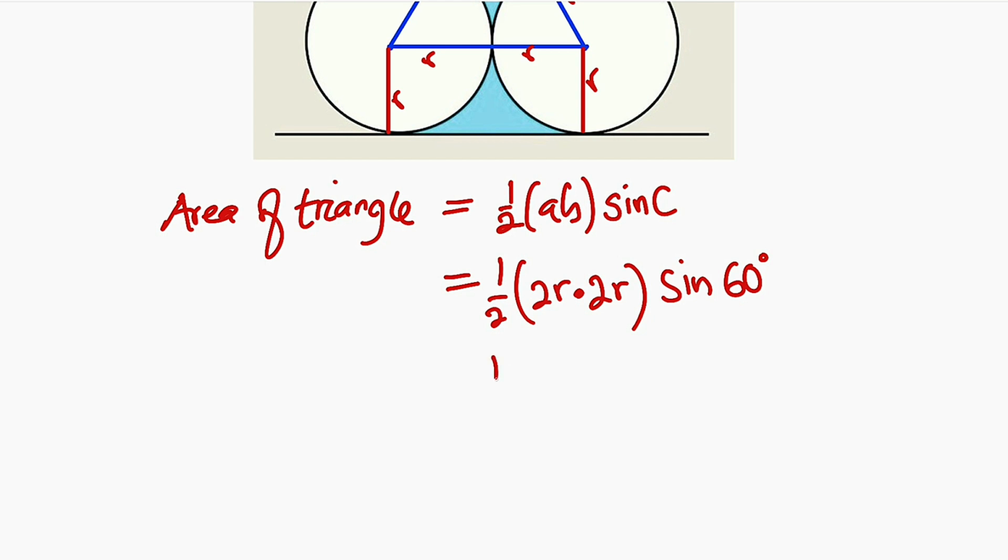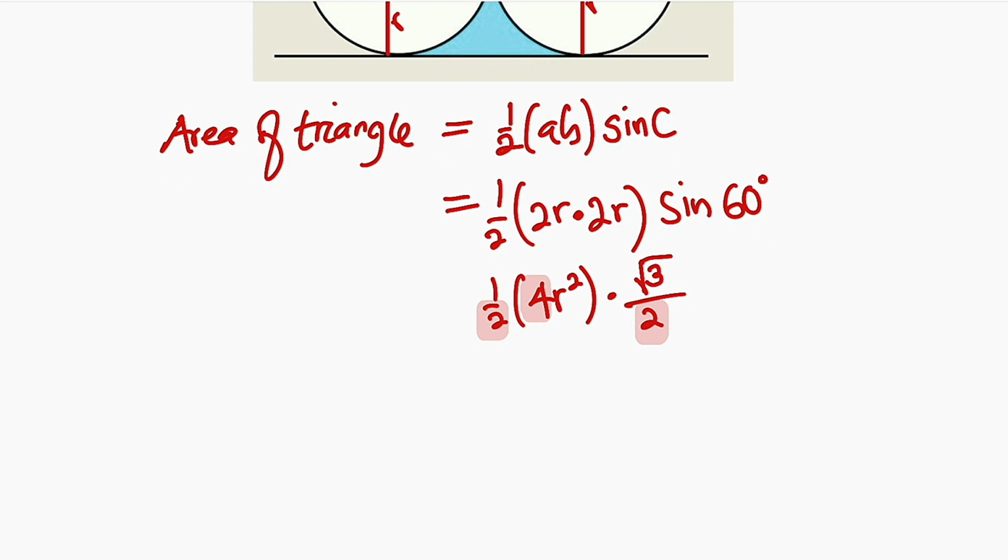So we have half of 4R squared multiplied by sine 60, which is root 3 divided by 2. If you multiply these 2 together, you have 4, and they have to cancel this 4. So the area is just root 3 R squared. So we have root 3 R squared, which is the area of the triangle.